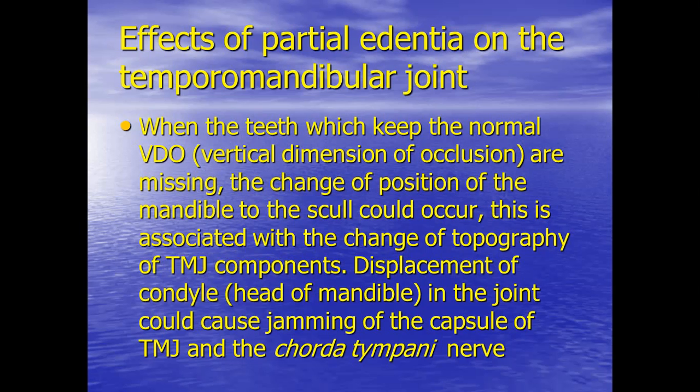And besides, the muscles work at not the proper height, so they work ineffectively and also can work with pain. Besides the clicking in the joint, we can also see the jamming of the capsule of the TMJ and the chorda tympani nerve, which is coming in the fissura petrotympanica behind it.